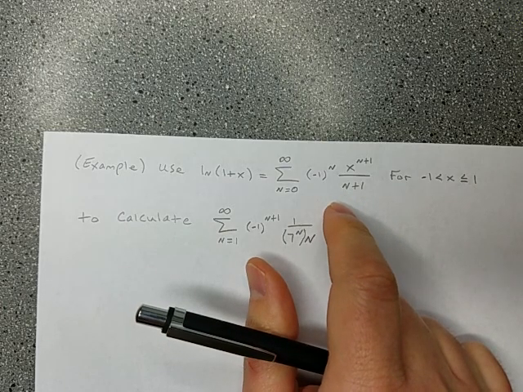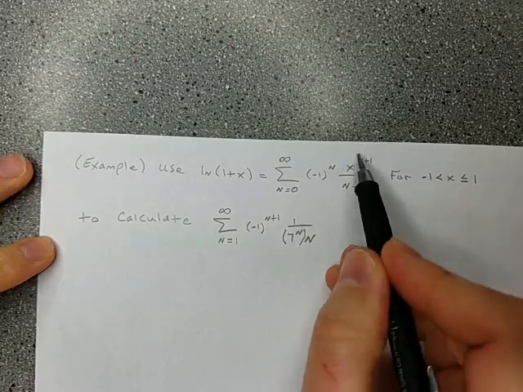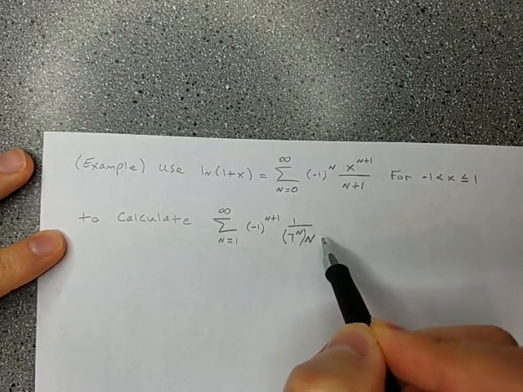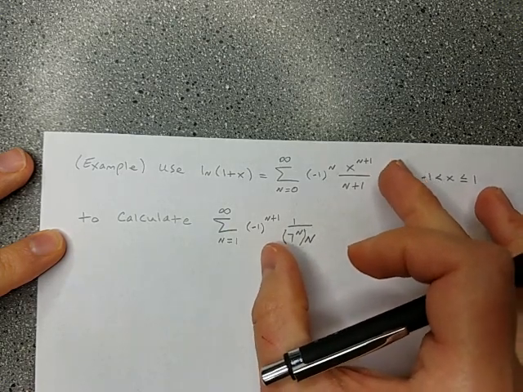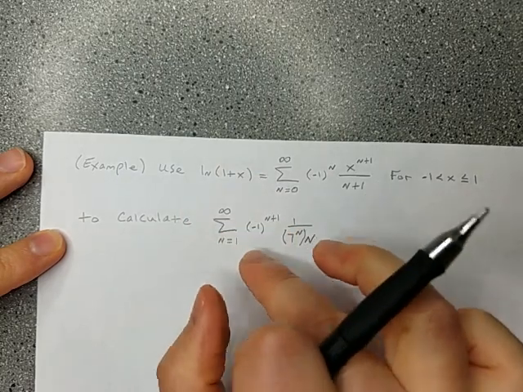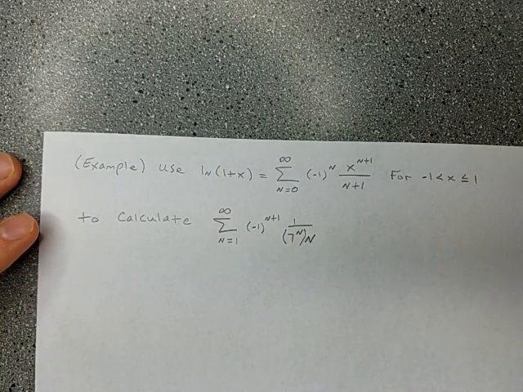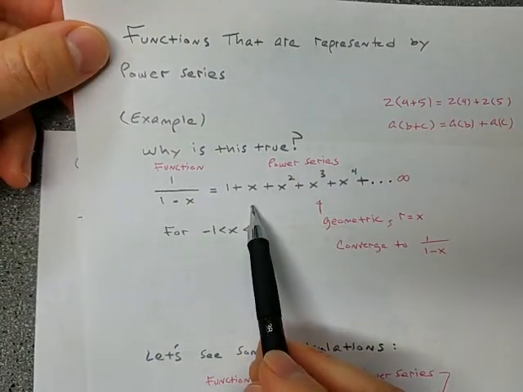So here's what I thought we would do. Let's see if we can work this around so that it looks more like that one. And then if I can show that these are the same somehow, then I can use this function to calculate that. It's kind of like how I started off and said, this function equals that series.